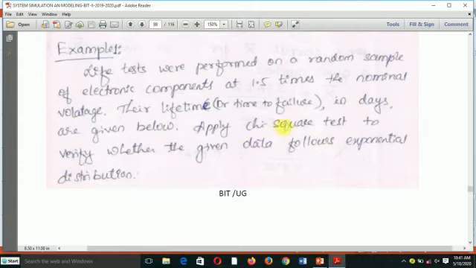This is a test which we will use to verify whether the lifetime given, which has been set to the component, follows the exponential distribution or not. And you remember that the life test we performed at 1.5 times the nominal voltage.